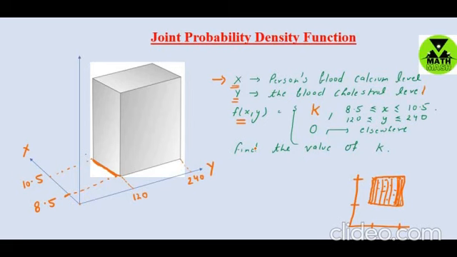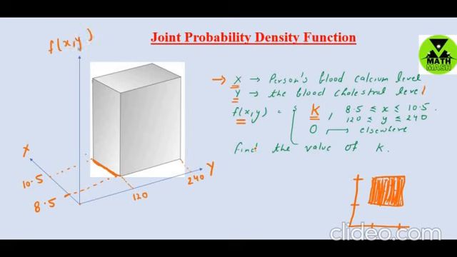Here it is taking all the values within this domain, right? The function, that is the probability density, is given as a constant.